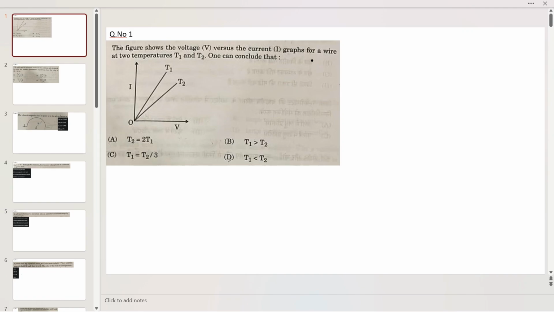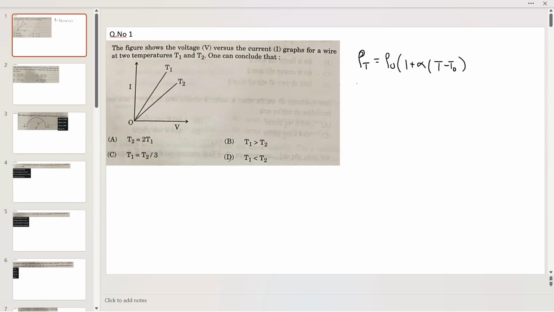So here you see that I have to move from resistivity, that is rho T, that is equal to rho naught bracket 1 plus alpha constant T minus T naught.